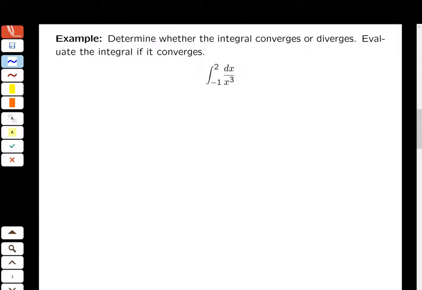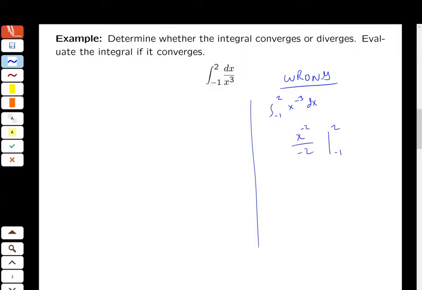Okay, so let's talk about this one. Integral from -1 to 2 dx over x cubed. If you just go straight to the integral, I'm going to do this the wrong way over here. This would be x to the -3 dx. What's the integral of x to the -3? Don't take a derivative. Add 1 to your exponent and you get x to the -2 over -2, from -1 to 2.